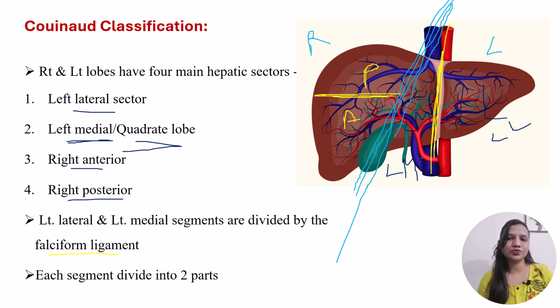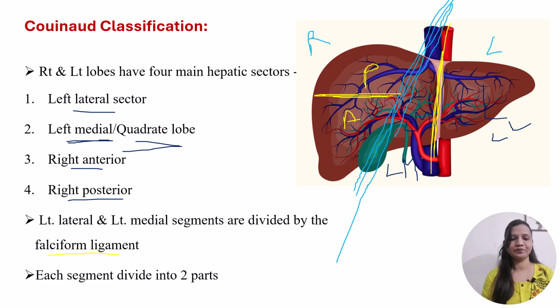What exactly the quadrate lobe is and what its boundaries are, we will discuss in the next lecture. Here just keep in mind that the right and left lobes are divided into two segments each, the right into right anterior and posterior, and the left into left lateral and left medial, divided by the falciform ligament.